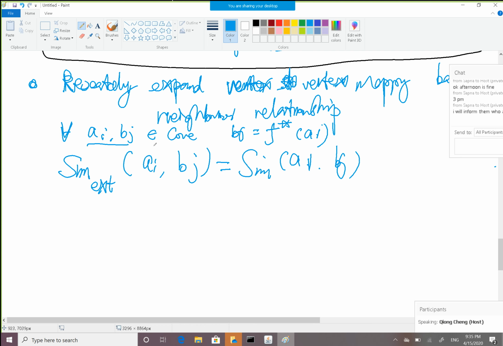And this is plus the similarity from the labels.